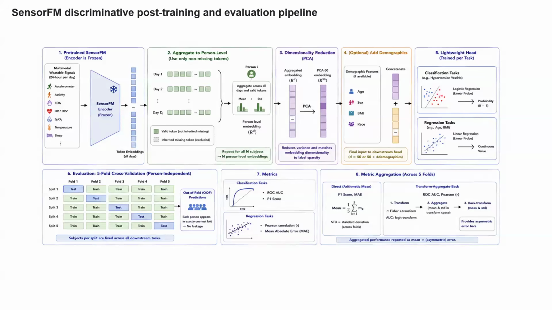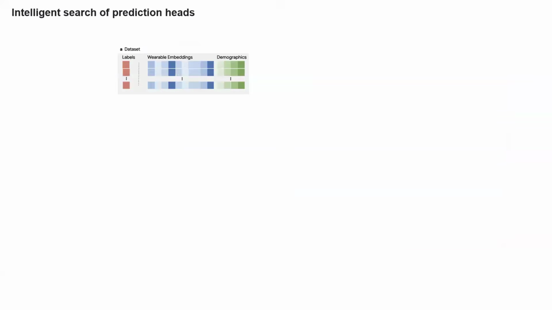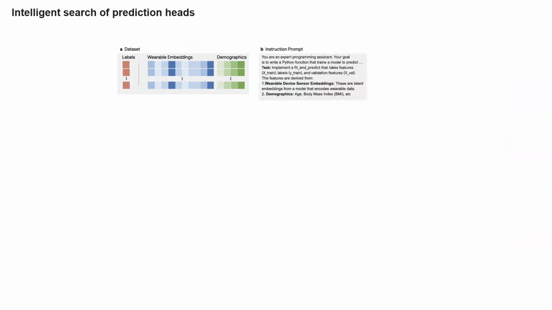They will move forward. Then after doing all this, they use the set of LLMs. So we have the dataset that we already saw that was labeled. Now we have labels, variable embeddings, and demographics information for the dataset.